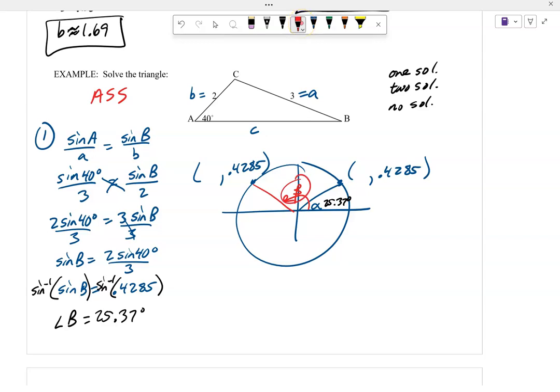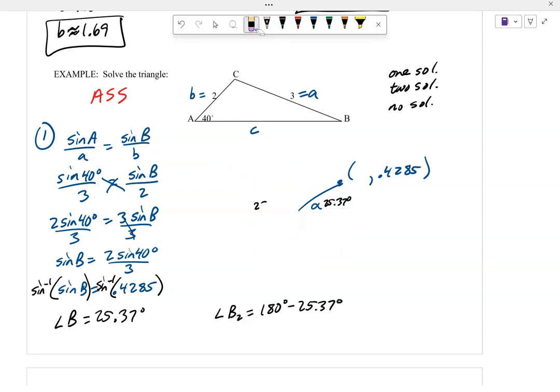What would beta be? Well, if it's 25.37 degrees, that reference angle, then the second option would be 180 minus 25.37 degrees, which would be, what's that? 154.63 degrees.